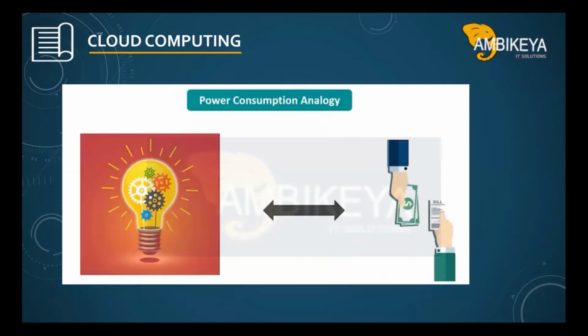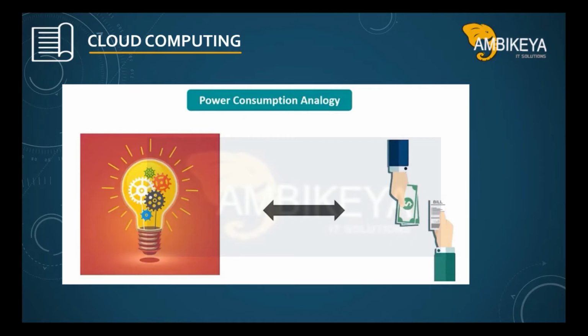But when you go for the cloud part, it works on a consumption basis. Whatever you consume, you have to pay for. Like in your house, when you switch on electricity, whatever electricity you consume because of the AC or fan, you pay for that, but you are not installing the whole setup in your house.